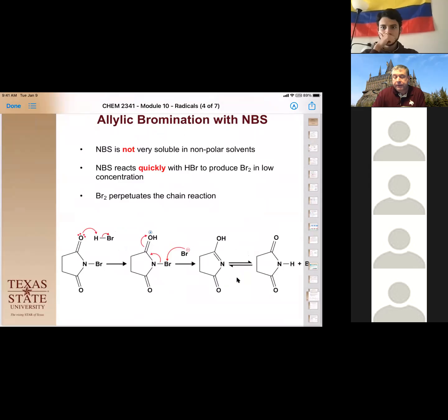Okay. And the mechanism for the way it does this is it actually ends up protonating this. And so instead of having a homolytic cleavage, we're having a heterolytic cleavage. Bromine is leaving as the bromine cation. Both electrons in this bond are taken away and rearranged to give us this enol form, and then we end up with our succinimide and our bromine as our other product here.